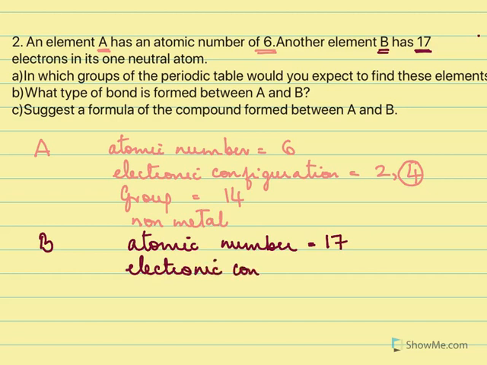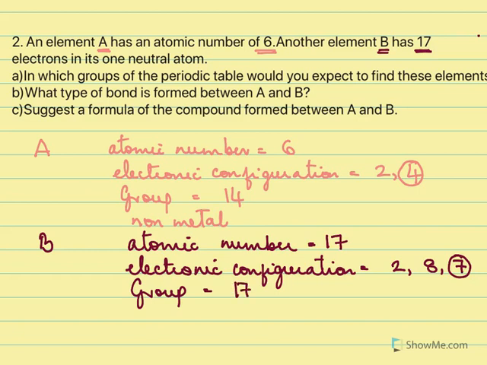Electronic configuration equal to 2, 8, 7. So valence electron 7. Hence group 17. Group 17 again non-metal. So both are non-metals. So in which groups of periodic table would you expect to find these elements? And that we have already answered. A is in group 14 and B is in group 17.